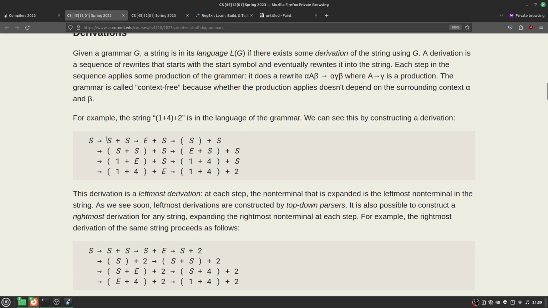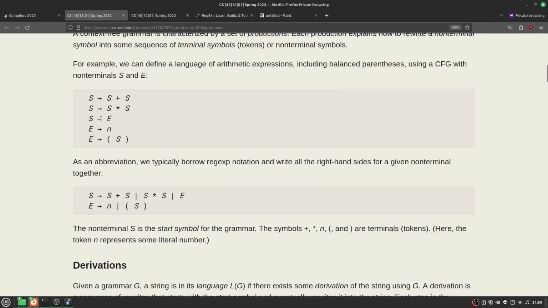S goes to S plus S. It's the same as E plus S. Is the same as S within brackets plus S. Is the same as S plus S inside brackets plus S. It's the same as E plus S inside brackets plus S, etc. 1 plus E. Wait a minute. You've lost me.